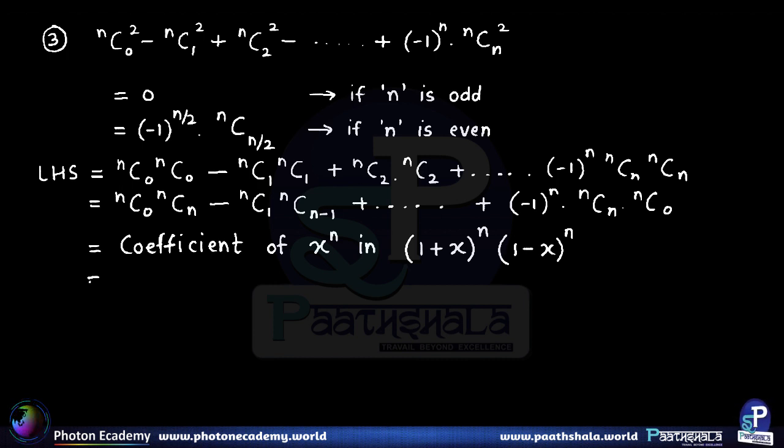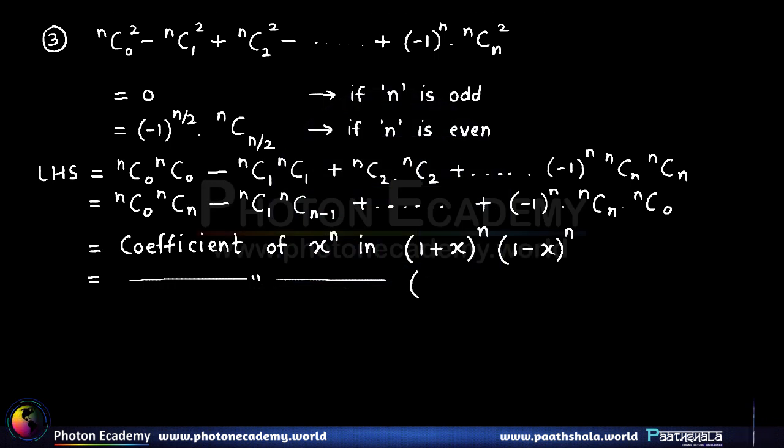So this in turn equals the coefficient of x raised to n in, we can club (1 plus x) and (1 minus x) into (1 minus x square) the whole raised to n. So now here we have to find out the coefficient of x raised to n in (1 minus x square) the whole raised to n.